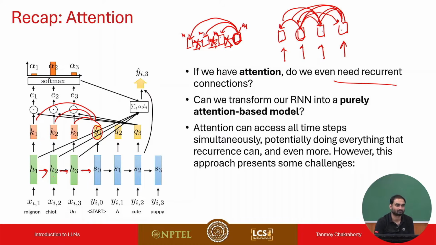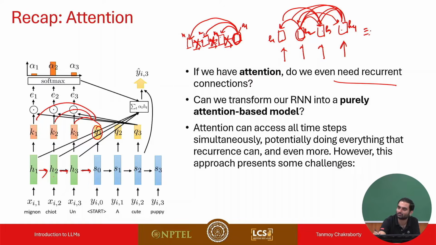But here's a problem. What is the problem? The problem is that when you discard these recurrent links, you basically lose the information of the sequence, right? Now think about it. This is H1, H2, H3, and H4. You do all these attentions independently, right?